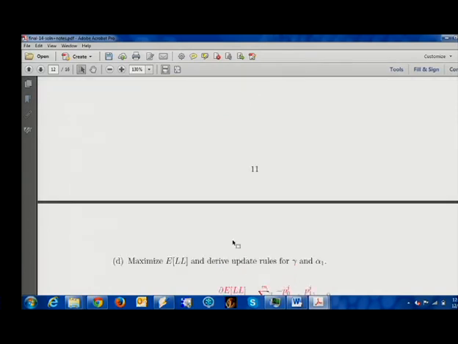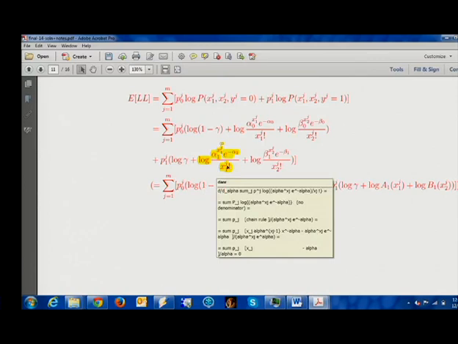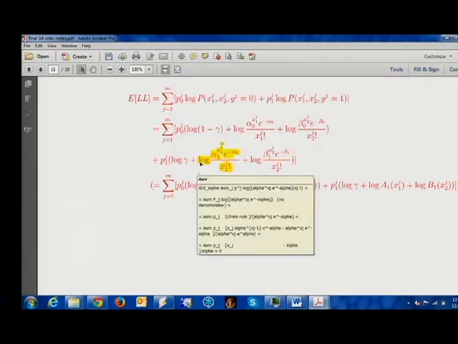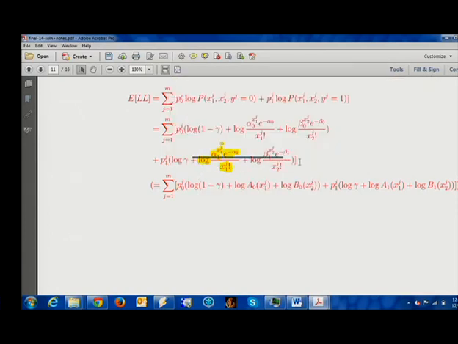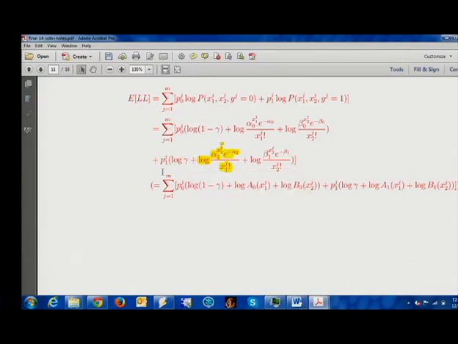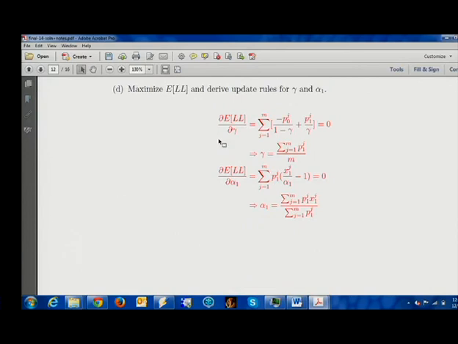With respect to gamma, the key thing that you observe is that this disappears, and all this second part here also disappears. So what you end up with is the sum, differentiating this part and this part. Given that you know the derivative of log x is 1 over x, it's easy to see what you're going to get.